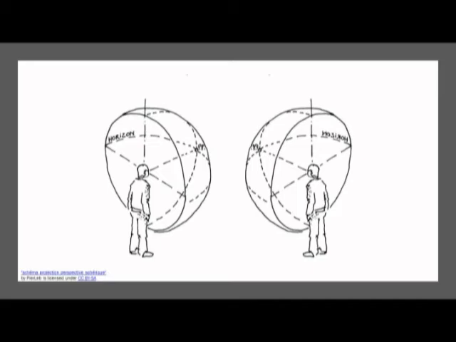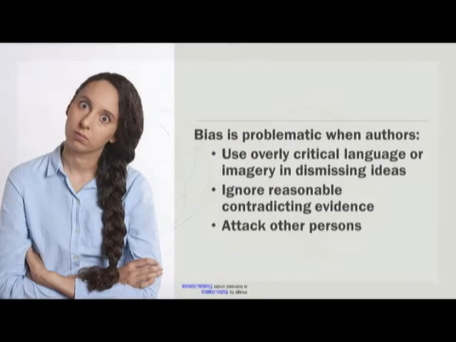The problem is when authors' biases are so strong that they cannot even consider other points of view fairly. We can usually spot problematic bias when authors use very critical language when treating other people's ideas, ignore ideas that contradict their assertions, or use critical or dismissive language about other persons who think differently.